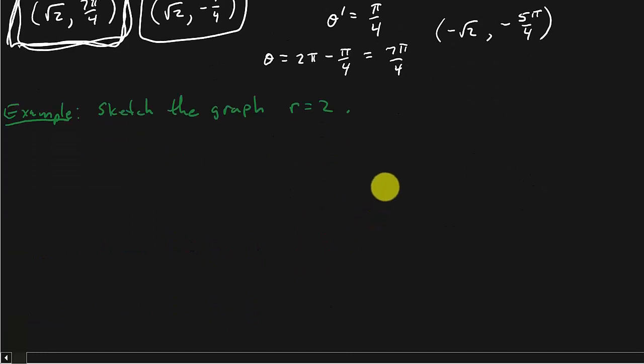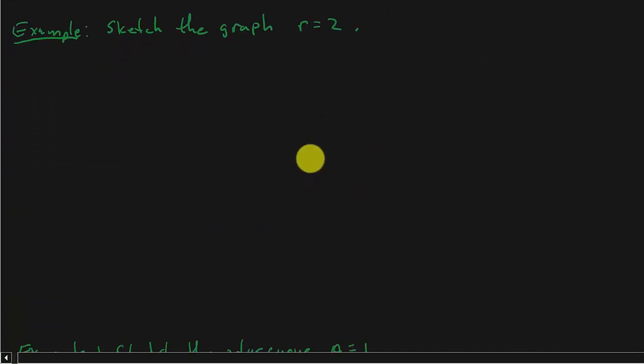So let's look at some graphs. Not going to get into a whole lot of detail about the graphs. We'll do some graphs, and then we will get into some calculus, finding horizontal and vertical tangent lines using calculus. What they want us to do here is sketch the graph of r equals 2.